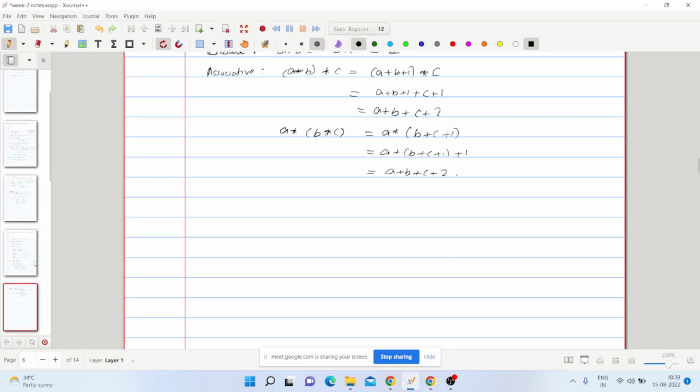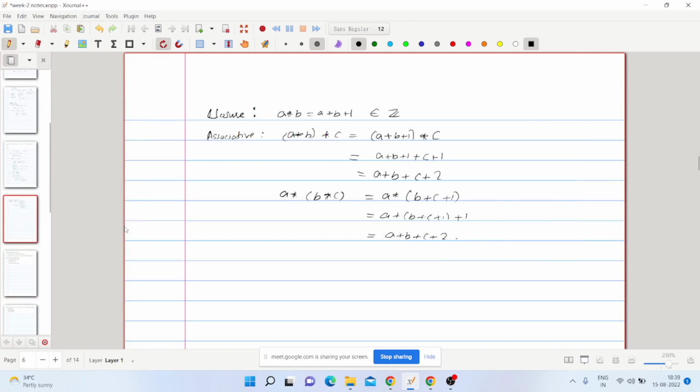Here you have taken the star as the plus, no? Star is not the plus operator. Star is this operator, A plus B plus 1.